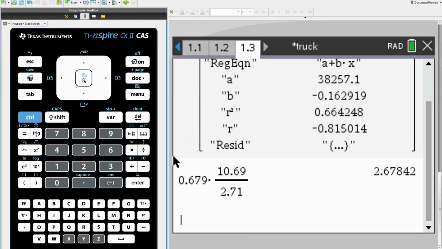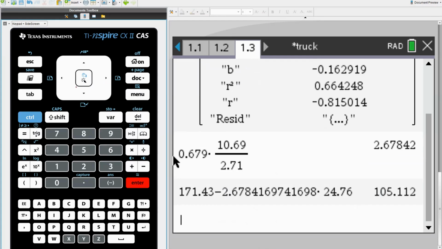So I'm going to have 171.43 minus, and I'll just pop up and grab that number. And we're going to multiply that by the average foot length of 24.76. And we get 105.112.